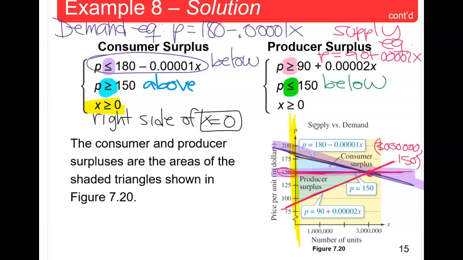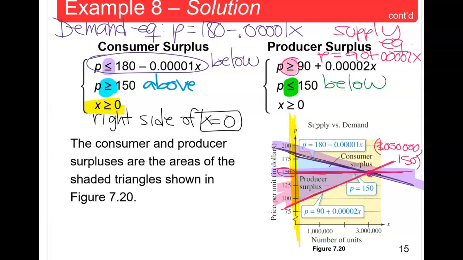And we have the greater than or equal because we want that area that is between the equilibrium point, the horizontal line, and the supply curve. So there we have it.